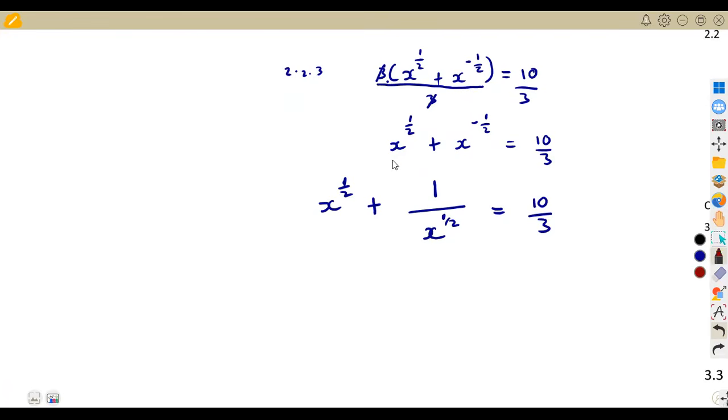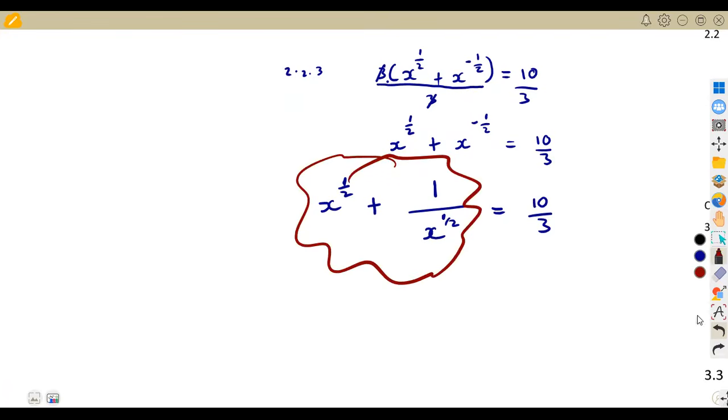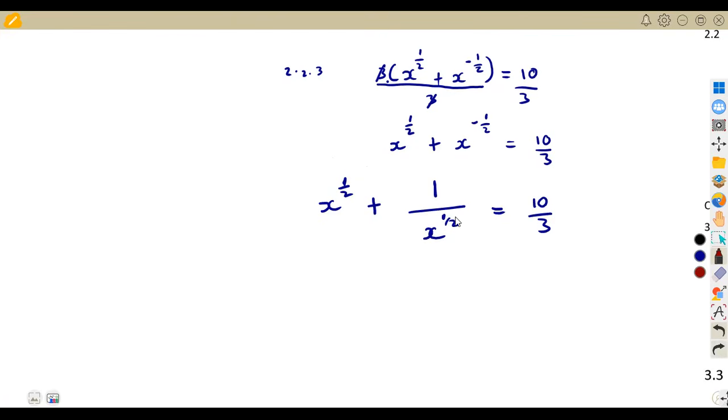As you can see on the left-hand side, there's something common that we can consider, or we can just clear the fractions, because now this is the same as over 1. We've got 1, we've got x to the exponent of a half, we've got a 3. So our LCD is going to be 3 in place of the numbers, then x to the exponent of a half.